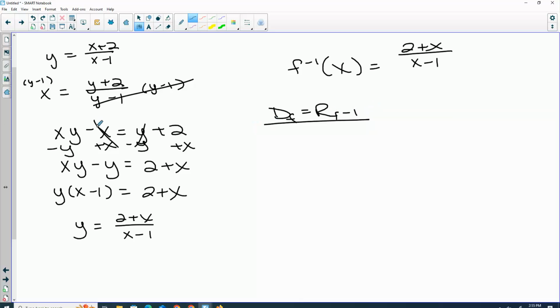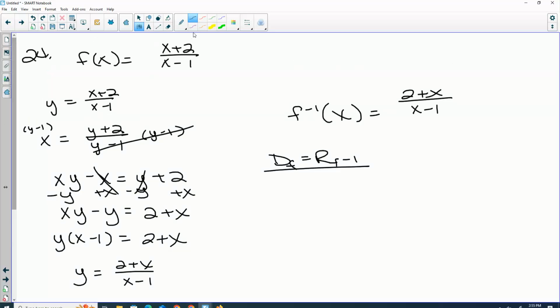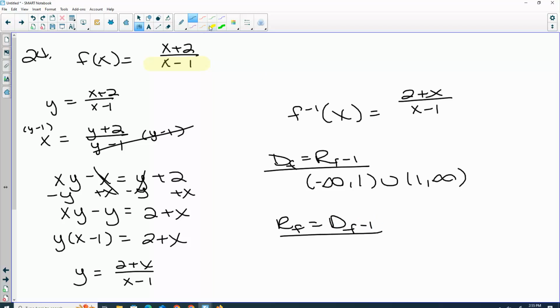If you look back at the original, bottom can't be 0, so x can't be 1. The range of your function is the domain of the inverse. If I look at my original, my denominator is the same, so x can't be 1. This function actually turned out to be its own inverse. Doesn't happen very often, but it's possible.